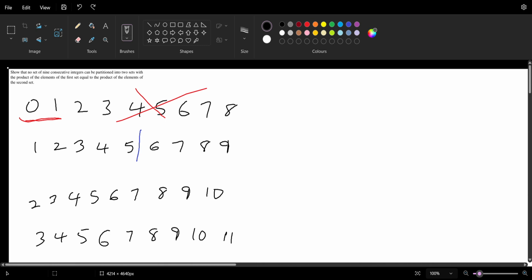I believe it's better we consider prime factors. You will notice something in these three remaining that I put. There are four prime factors.